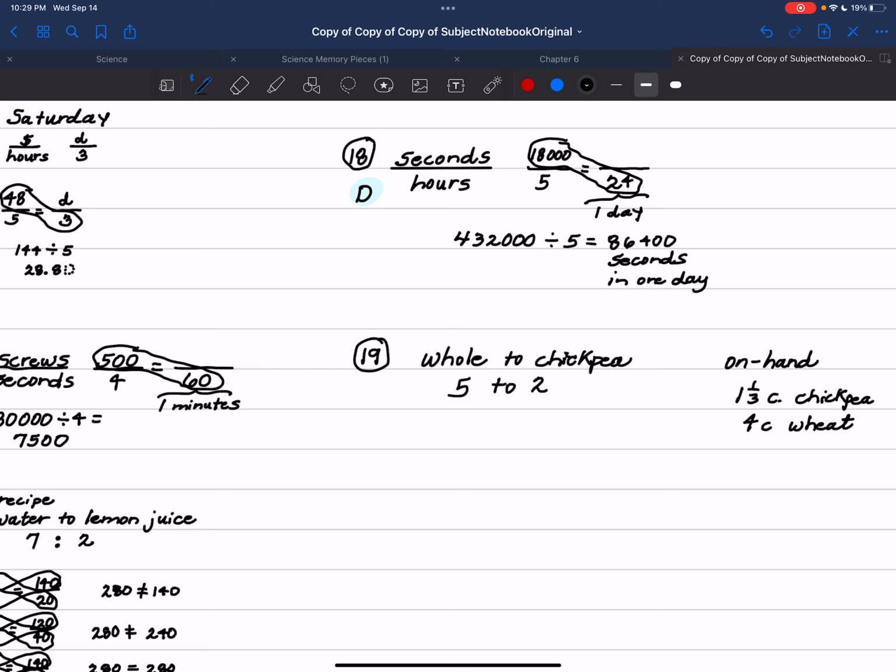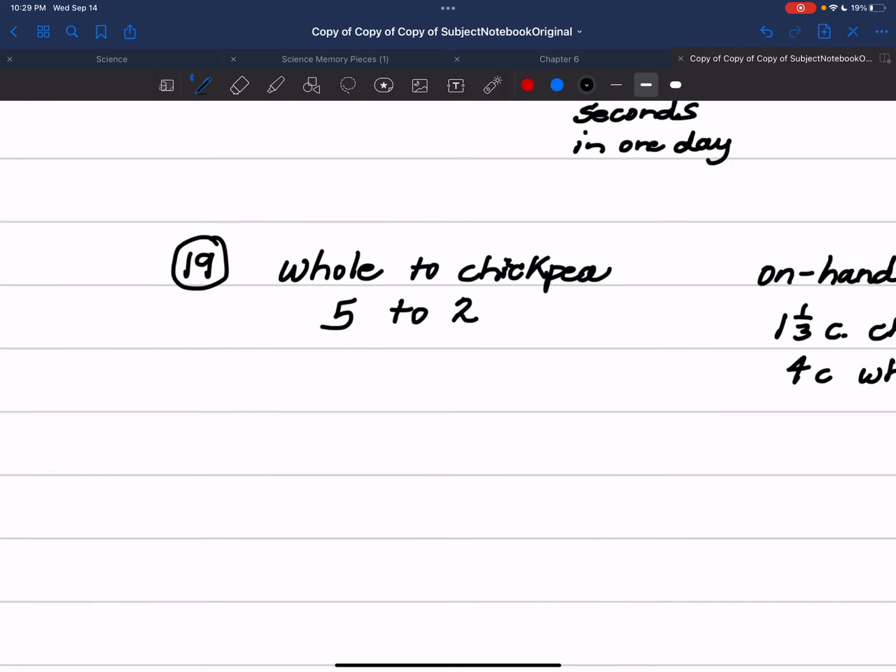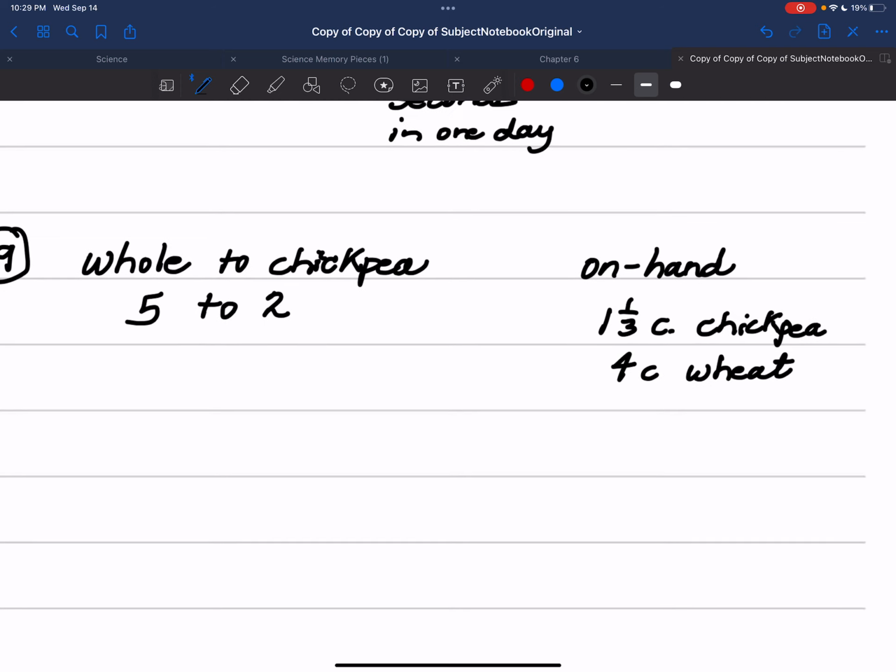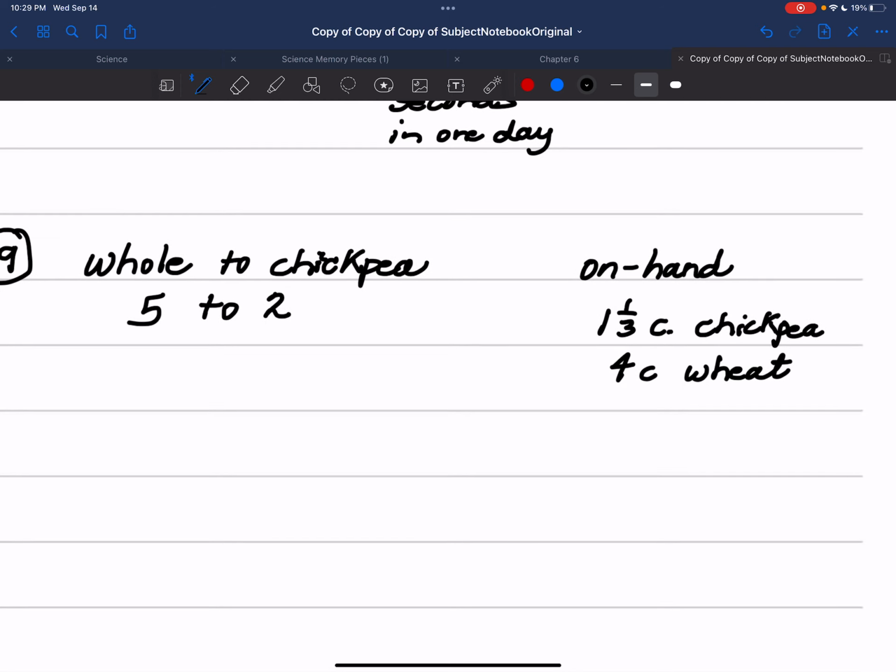If you bake the largest loaf possible using this flour, how many cups of whole wheat flour will be left over? Now, this is not exactly like the lemonade problem.